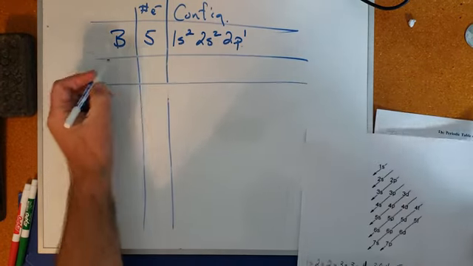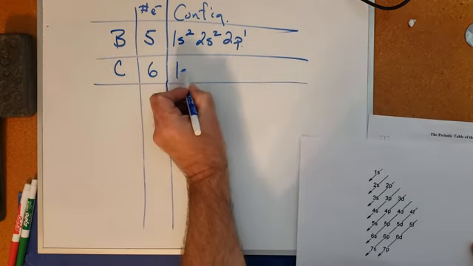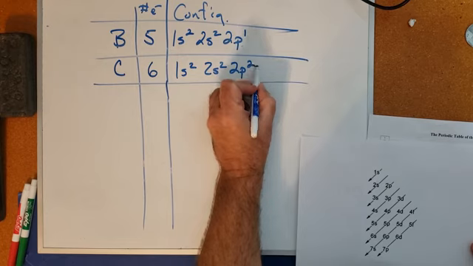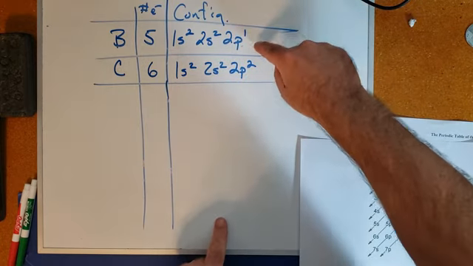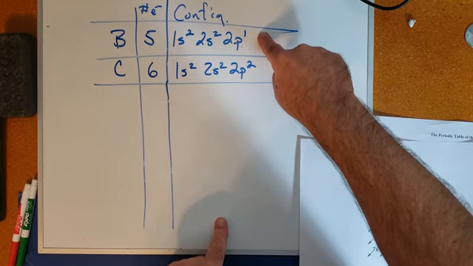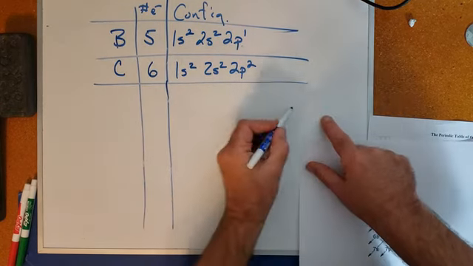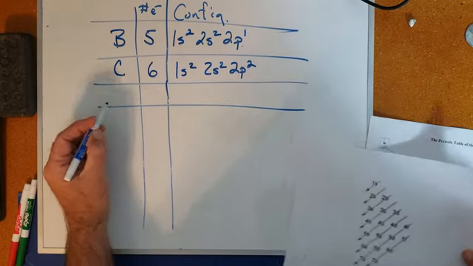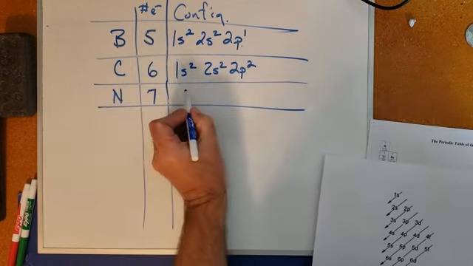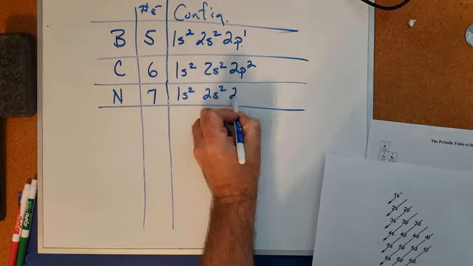Now, carbon, element number 6: 1s2, 2s2, 2p2. Notice I just add 1 additional electron to the p orbital compared to boron. Boron is 2p1, carbon is 2p2, for a total of 6 electrons. Then nitrogen, which has 7 electrons: 1s2, 2s2, and then 2p.